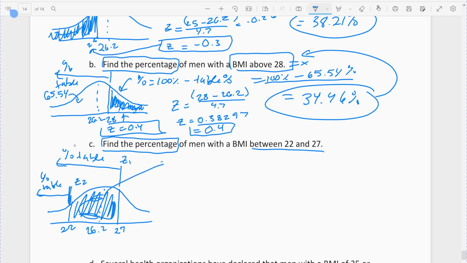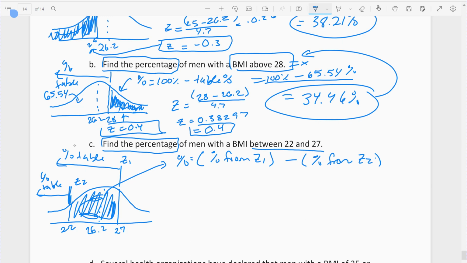In order to find the percent that we want, you take the bigger percent, so the percent from z-score 1, and subtract the percent from z-score 2. And always the bigger percent minus the smaller percent. Percent should always come out positive. Alright, so I've got to do two conversions. I've got to look up two table values, and I've got to subtract the two table values.